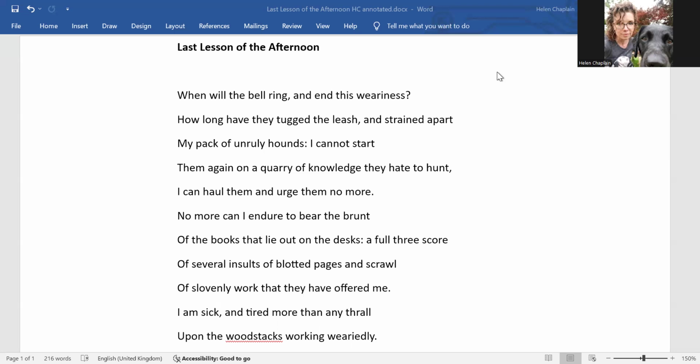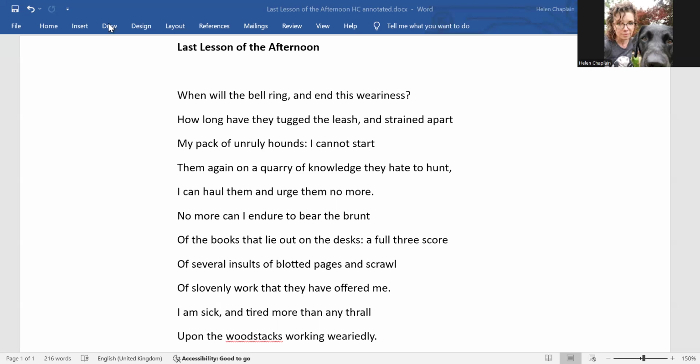So as ever, when we first come to a poem, we look at the title and the expectations created by the title. We can think, okay, what are the connotations, what are the ideas we get straight away, and then by the end of the poem we can revisit those and ask, what did it conform to? What did it subvert?